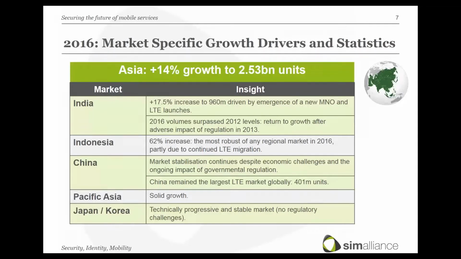And let me add here that 960 million is by far one of the biggest volumes of a country globally. So this is really the leading market, and one of the reasons is definitely that a new MNO has started and has filled the channels within 2016.